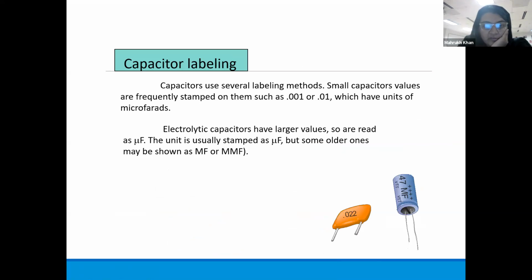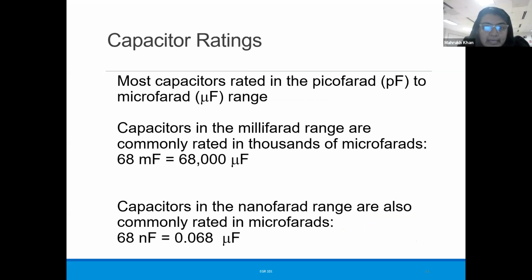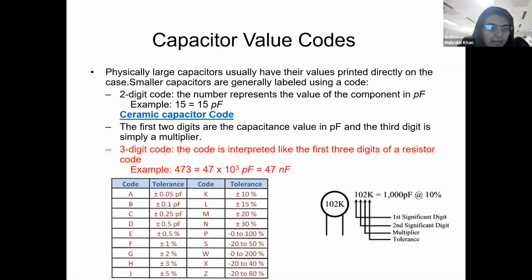Okay, so the capacitor labeling. You can see that we have done resistor coding, right? And this is available on the color coding of the resistor. In the case of capacitors, you can see in this pouch, you have this 100 microfarad capacitor.